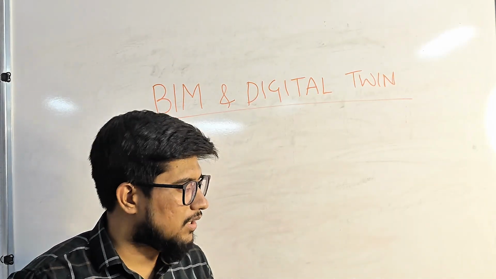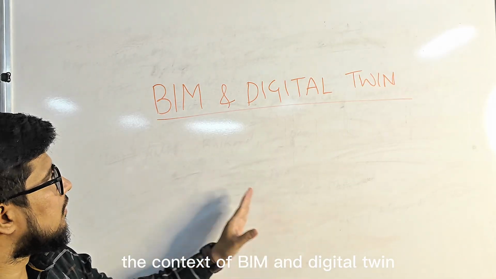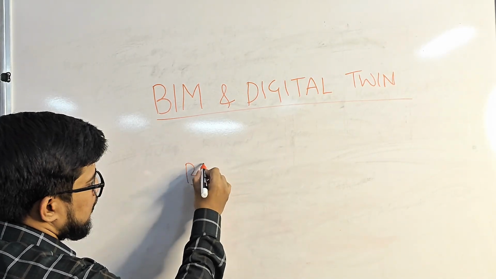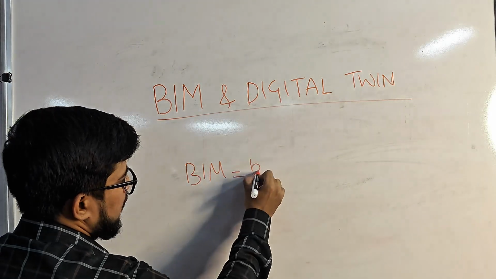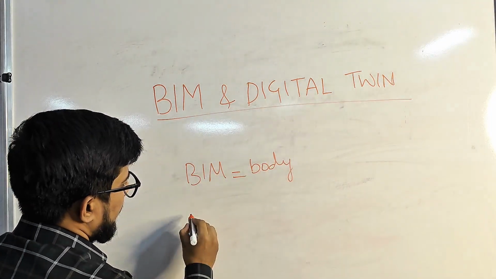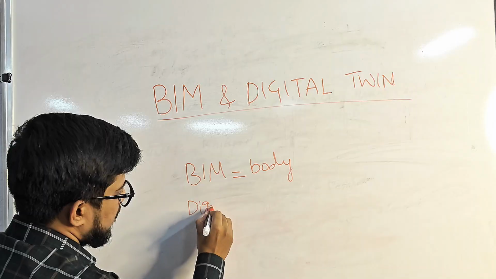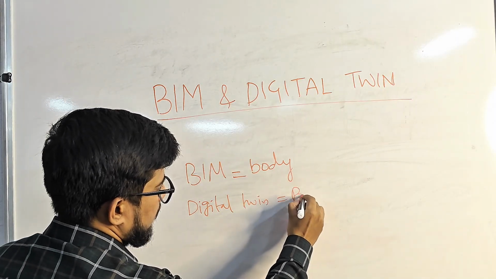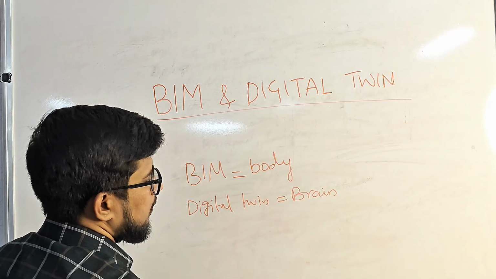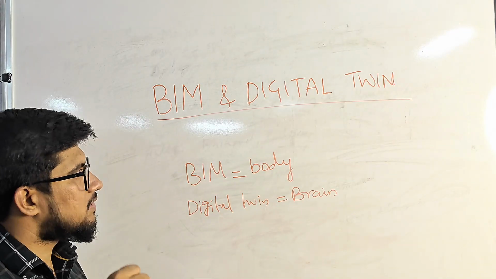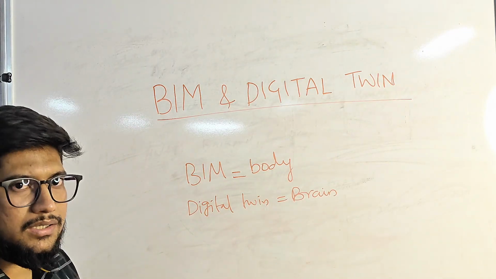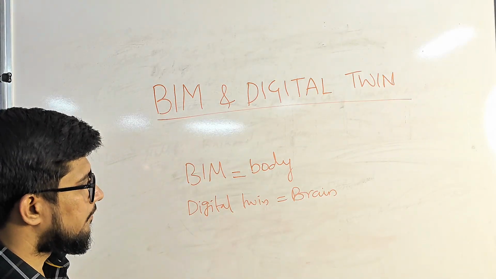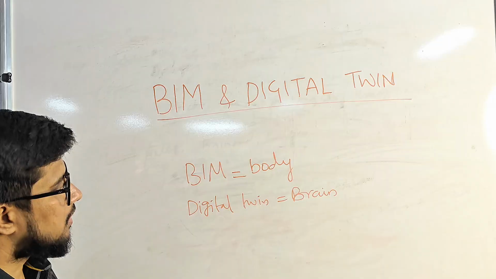So in the context of BIM and digital twin, BIM is nothing but the body. So I can just add here, BIM is equal to body, and the technology digital twin is nothing but the brain, okay. So once we add the brain, the body will get the data, right? The brain will generate the data. So how it is getting generated, you can check out.